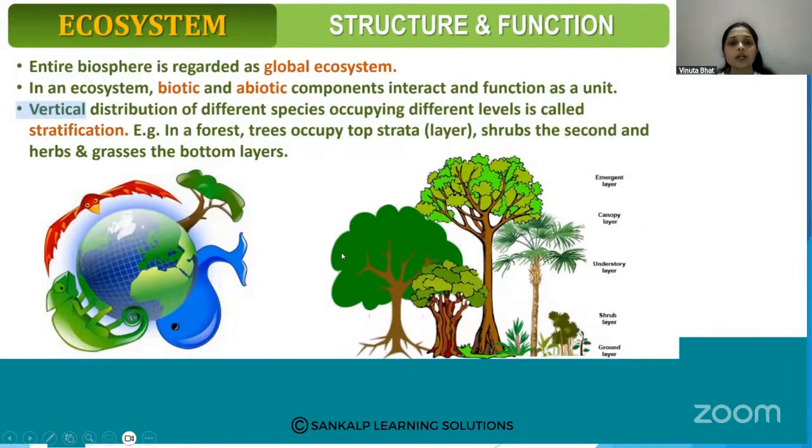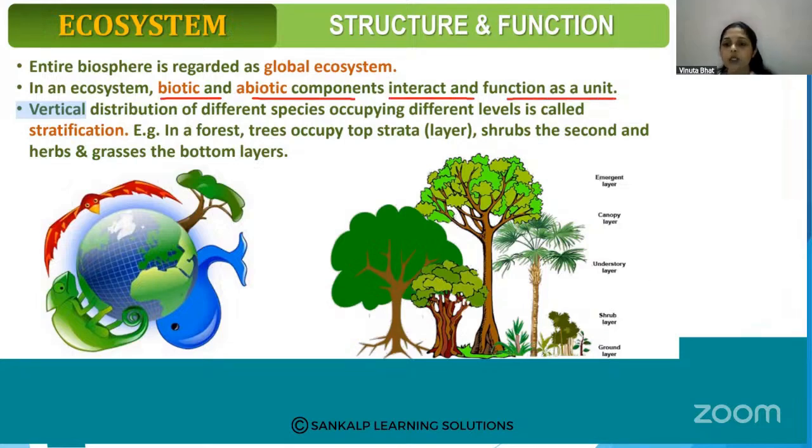Then ecosystem structure and function. So what is the structure and function of the ecosystem here? The entire biosphere is regarded as the global ecosystem. So if you consider the entire earth, we can call it the global ecosystem, right? In an ecosystem, biotic and abiotic components interact and function as a unit.